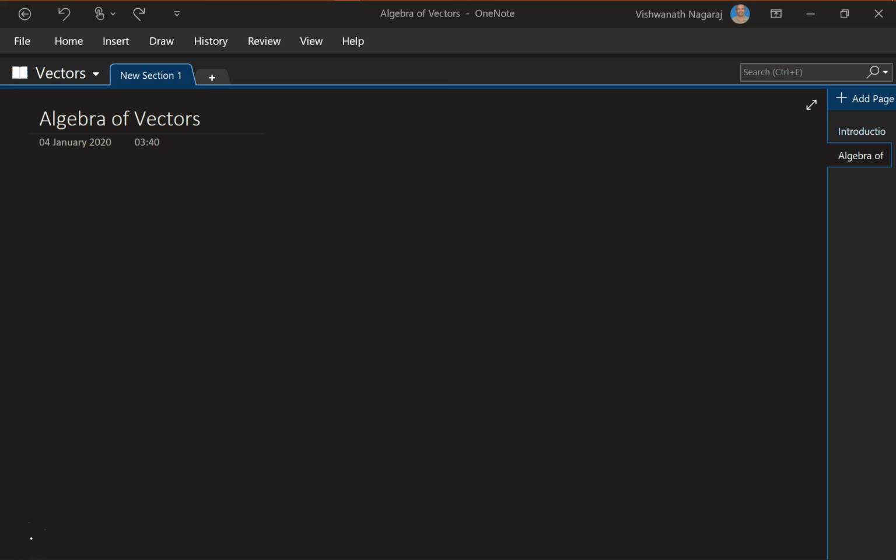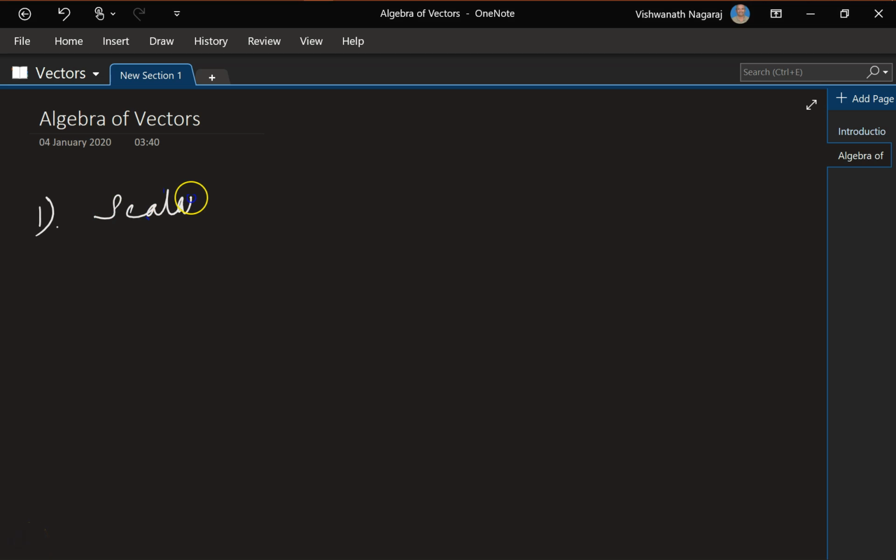Algebra of vectors. Let's look at scalar multiple. Now remember, when we say vector, we are talking of magnitude and direction. Now when we talk of scalars, just the magnitude. So let's say we want to multiply a scalar k, which can have any real value, by a vector a.